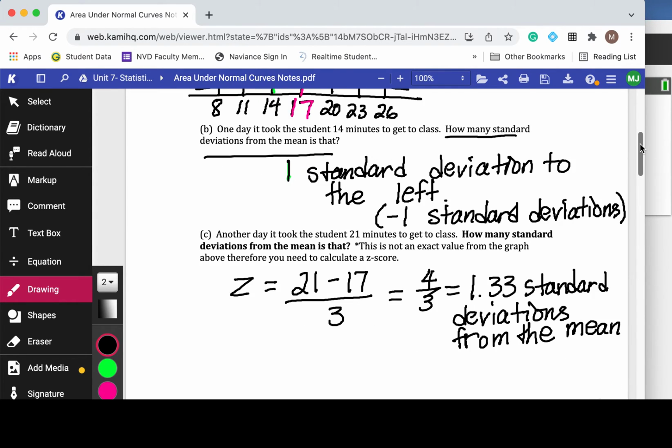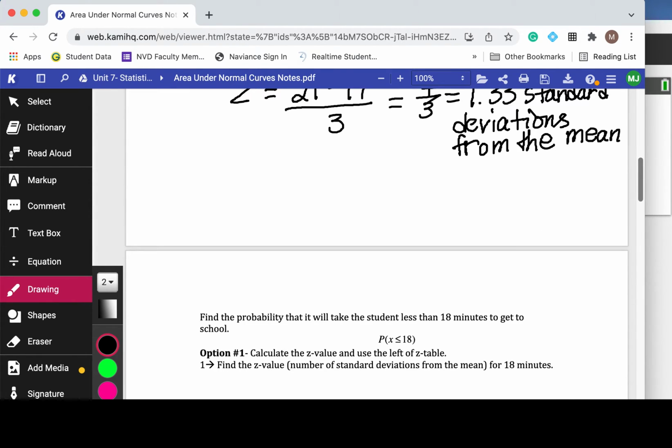Okay, so how is that going to apply? If we were going to use a non-calculator method, we would use this big chart that we have. I have a little snippet of the chart on the notes. So if we want to figure out if it takes less than 18 minutes to get to class, we need a z-value for 18 to use that chart.